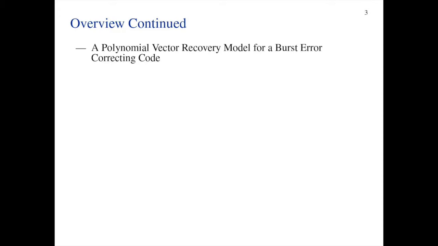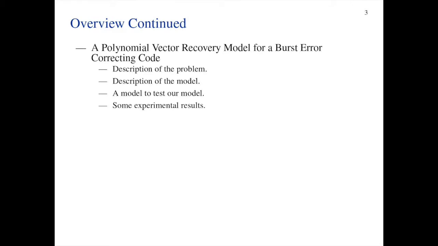Another thing we'll talk about is that error correcting codes are usually used when you have a network, I'm sending something across a network, and I want to be able to recover what I sent. Now, what's interesting is recovering a vector of polynomials is very similar to what is known in information theory as a burst error correcting code, or interleaved Reed-Solomon codes.